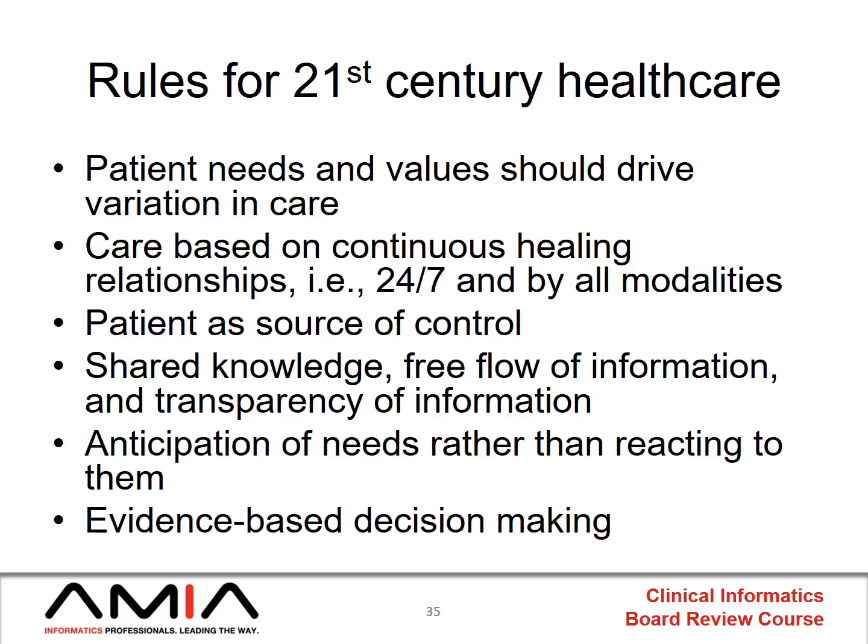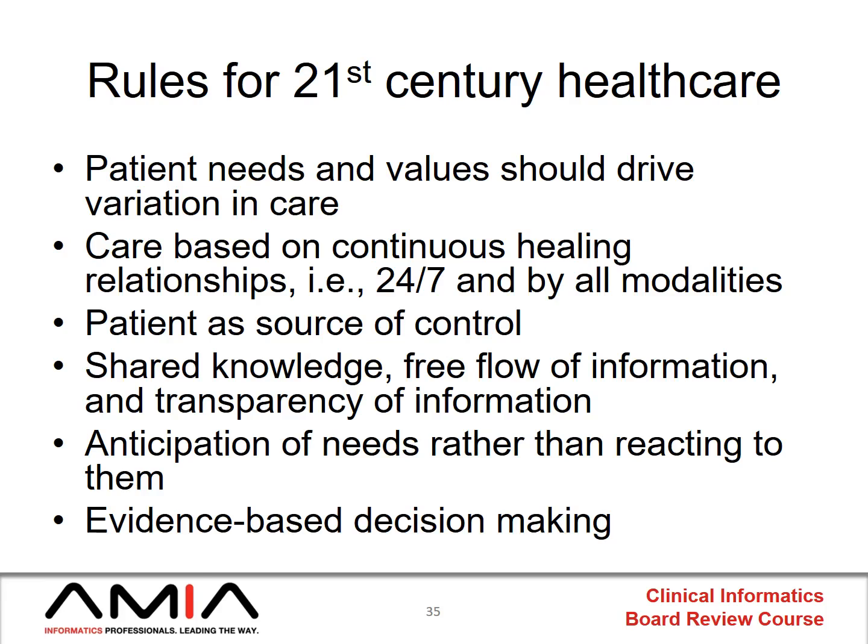The Quality Chasm Report also defined a number of rules for 21st century healthcare. One of these being that patient needs and values should be the drivers of variation in care, not physicians, hospitals, and others. Care should be based on continuous healing relationships, so available 24/7 and using all modalities.